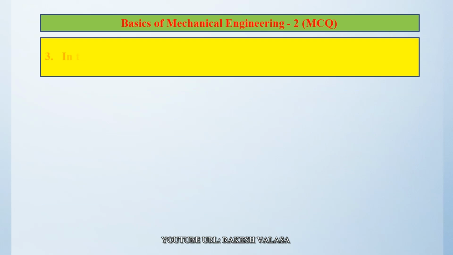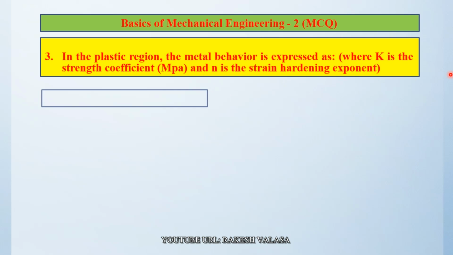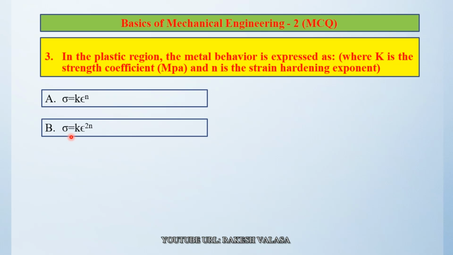Question number 3. In the plastic region, the metal behavior is expressed as, where K is the strength coefficient in megapascal and n is the strain hardening exponent. Option A, sigma equal to K epsilon power n. Option B, sigma equal to K epsilon power 2n.